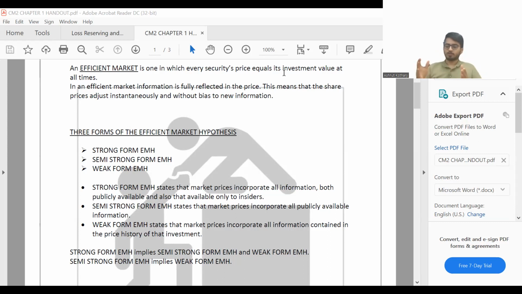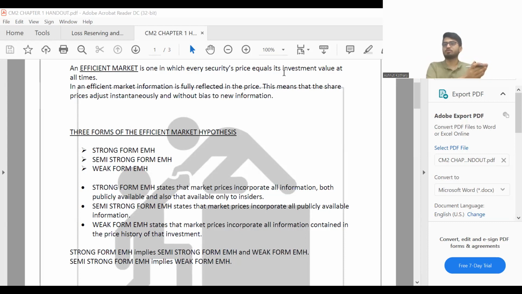So now we started with all sorts of available information in strong form. In semi-strong form, we are looking at only publicly available information. And now in weak form, the market prices incorporate all information contained in the price history of that investment. So when I talk about public information, a part of it relates to what?